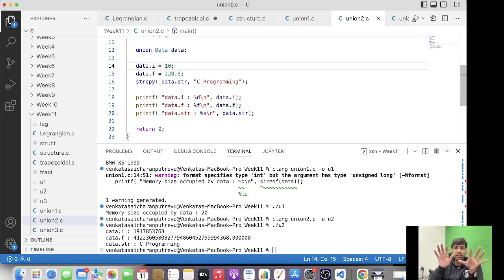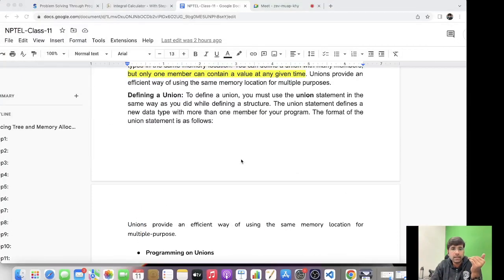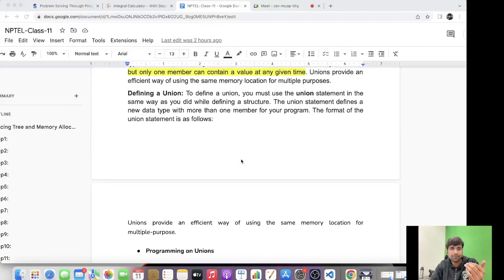So whatever data it is holding is just the C programming language string, and all other things will be garbage values, because they were overridden. At a time it can only handle one value. If you try to print the data, you will get garbage values in all the remaining variables, and only in the latest one will you see the data. That is what I tried to mention here.